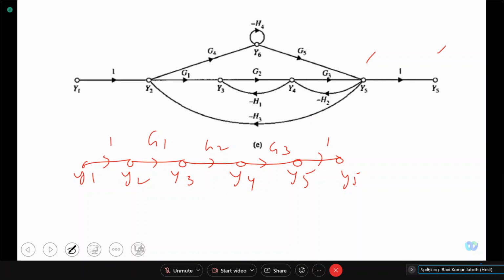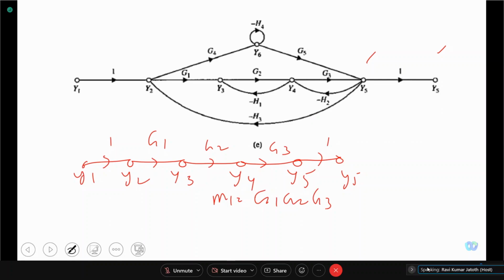Yeah. So now this is one forward path. So gains are like this. We can call it M1 or P1. That is your wish. What is the notation given in the book? M1, no? Yes, sir. M1 is G1, G2, and G3. All right.